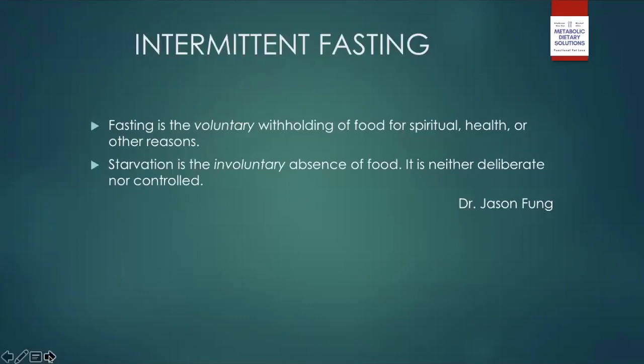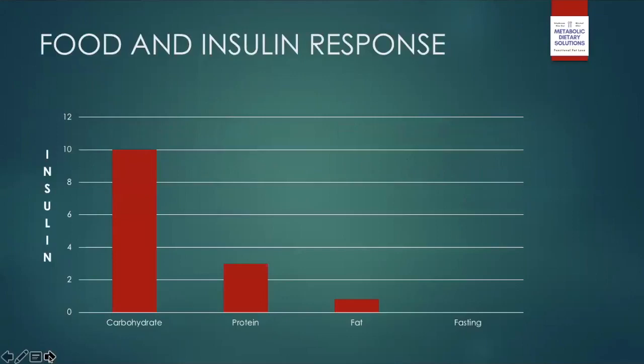So fasting may be something that you need to look at if you have a lot of fat loss to go through. So what do I mean? Now, this is my way of representing it in a picture. This is not an actual study or anything. So when you eat food, your insulin goes up along with the blood sugar. So carbohydrates increase your insulin the most.